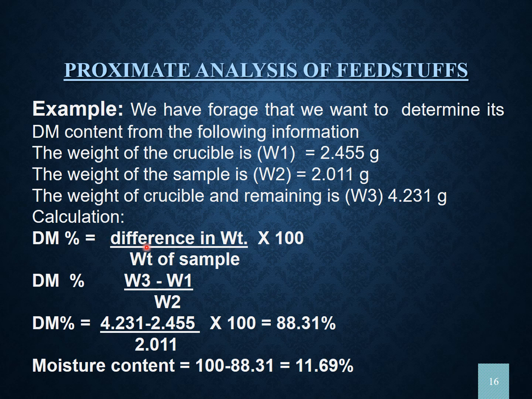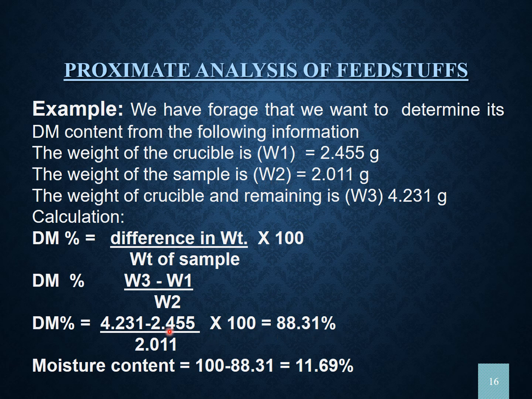So we follow this equation. The difference in weight, W3 minus W1, where W3 contains the weight of the crucible plus the weight of the sample after drying. This W3 minus W1, which is the weight of the empty crucible, will give us the weight of the sample after drying. Then we divide the weight of the sample after drying by the weight of the sample before drying, and then multiply by 100.